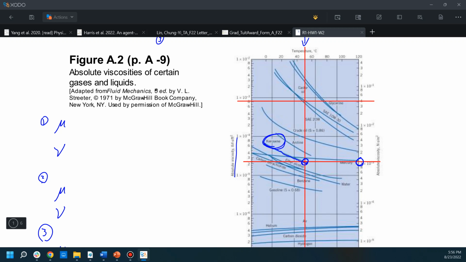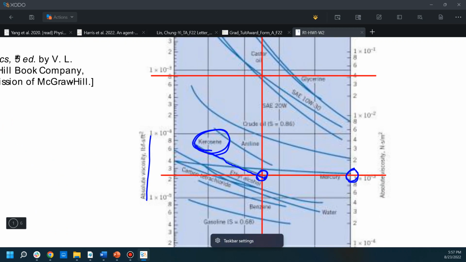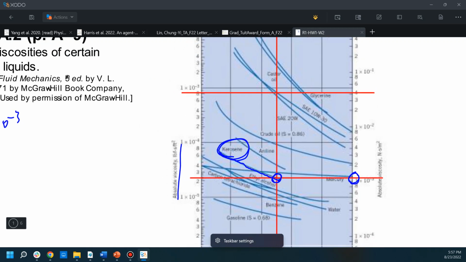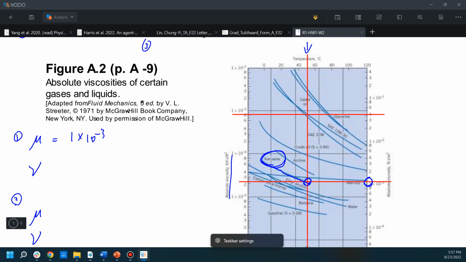In this case, the kerosene will have the value equal to 1 times 10 to the power of 3. It's not that close, but it is close enough, so let's just use this value.